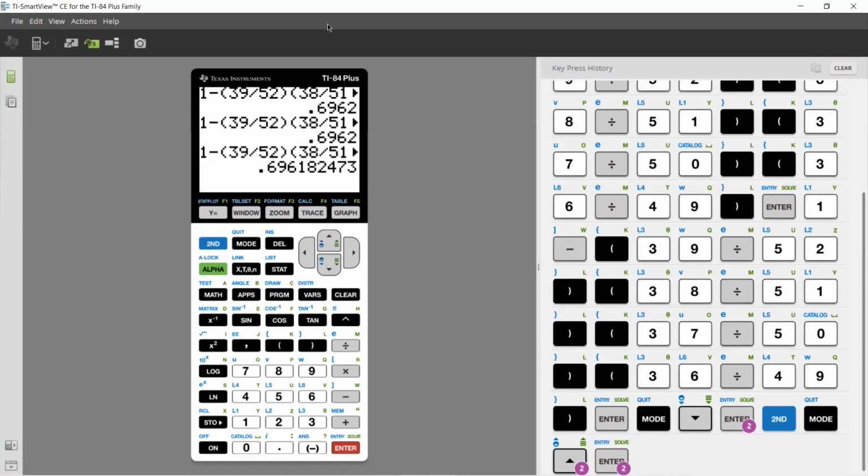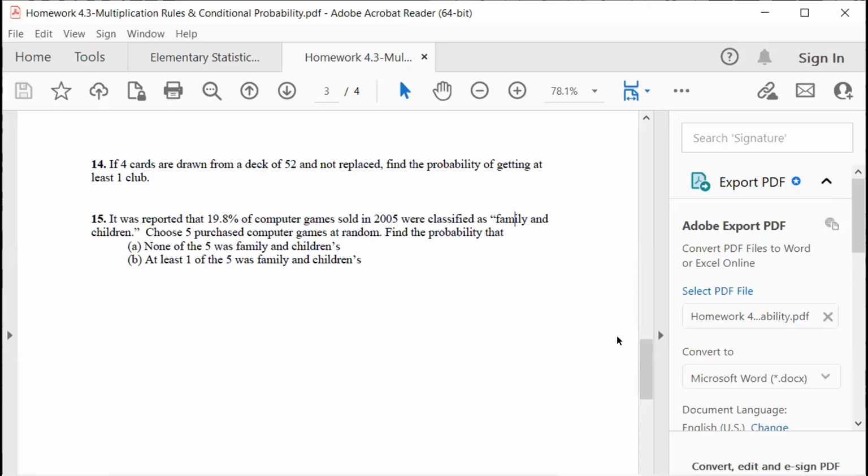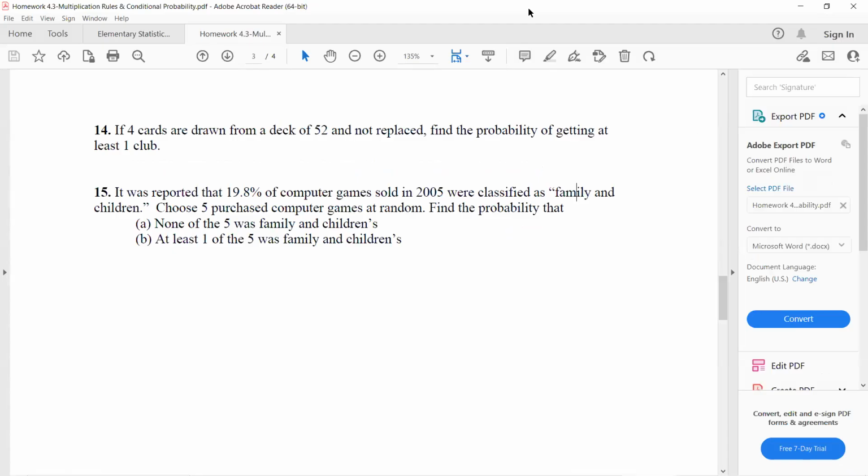All right, let's go on to number 15. So here, let's see. Okay, homework. This one. Okay, number 15 says, it was reported that 19.8% of computer games sold in 2005 were classified as family and children.